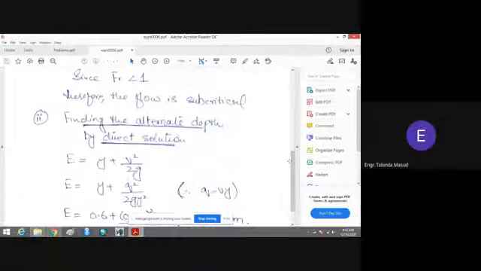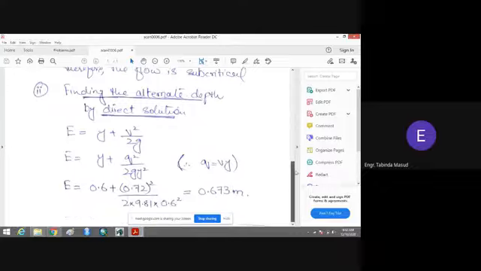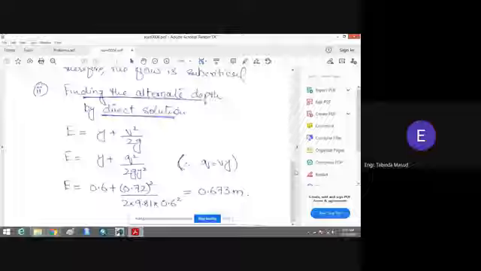Okay. The second part of this problem was to find the alternate depth by the direct solution and by the use of the dimensionless discharge curve. So first of all, we will find it by the direct solution. First of all, we will find the value of the specific energy head. I already told you that the unit discharge and the energy will remain constant for this solution.